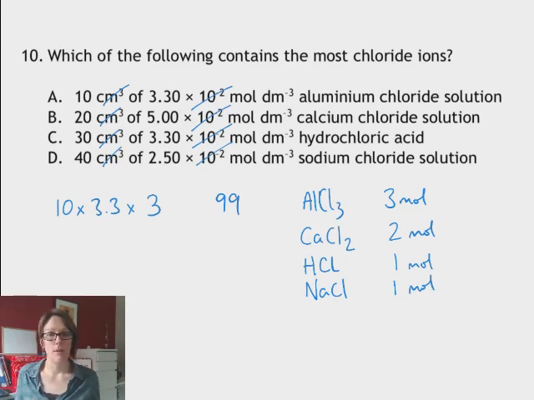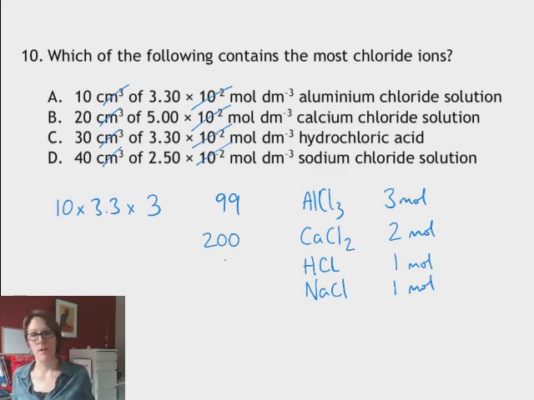If I now do that with the other ones, 20 times 5 times 2 for calcium chloride is going to give me 200. The next one, I'm going to do 30 times 3.3 times 1, which is 99 again. And the next one, 40 times 2.5 times 1, which is 100. So we can see that the calcium chloride example is the one with the most moles.